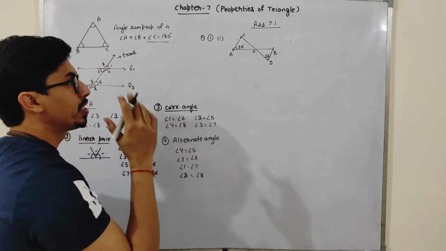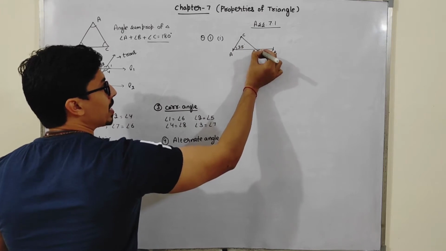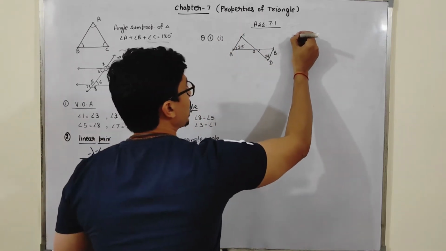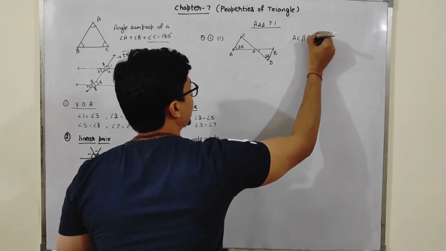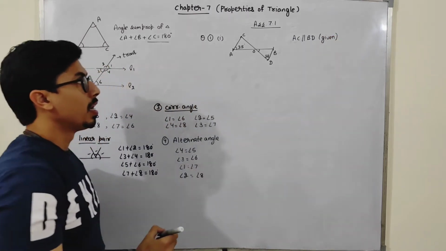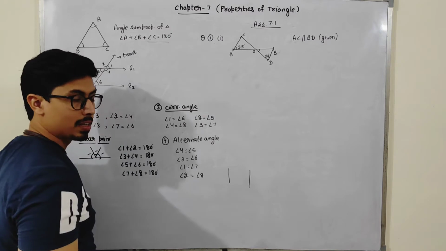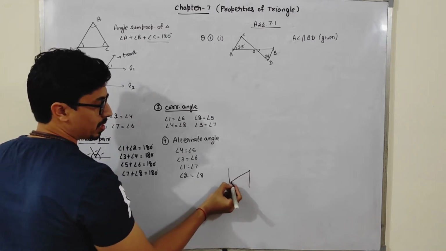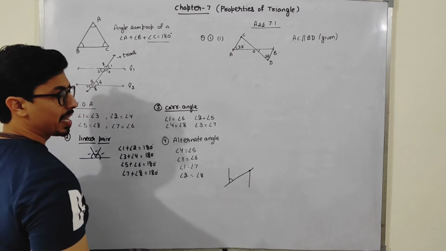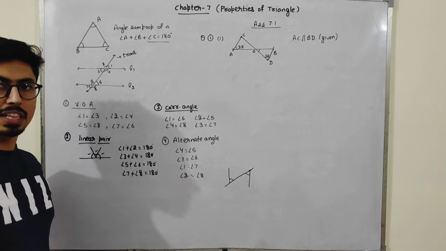Now see, students, this line is BOD. I have to find out this angle. Now see, this AC is parallel to BD, that is given in the question. If these two lines are parallel, and I take this as the transversal, can I say this angle is equal to this angle because of alternate angles, they will be equal.